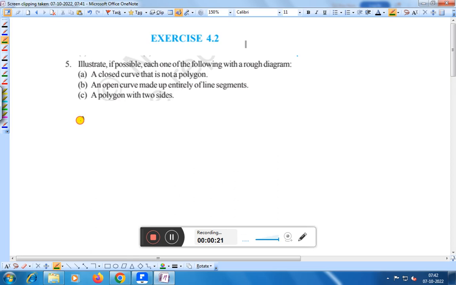Suppose we have to know the definition of a polygon. A polygon has two properties. Number one, it should be made up of straight lines.